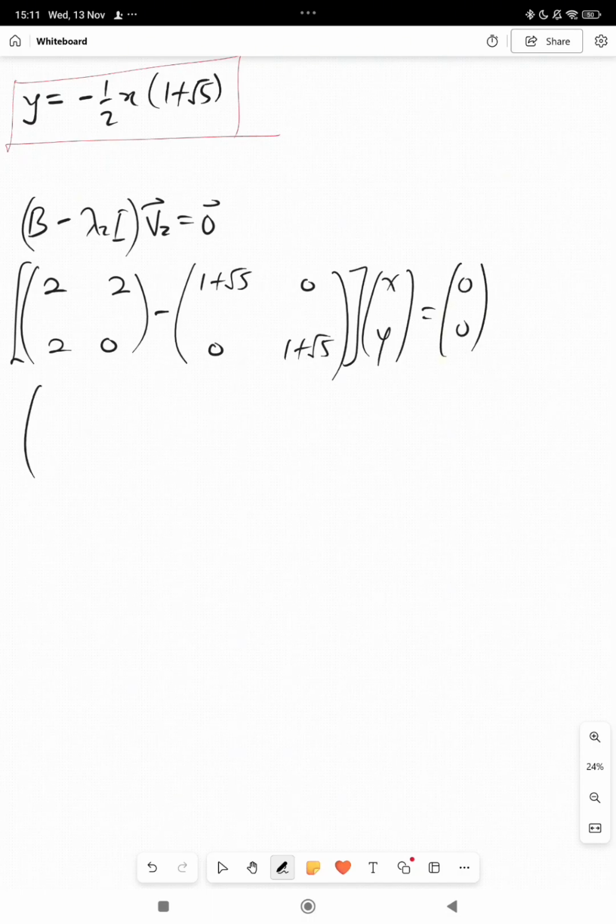Now we simplify. We have 1 minus root 5, 2, 2, and minus 1 minus root 5, multiplying x and y, giving us 0, 0.